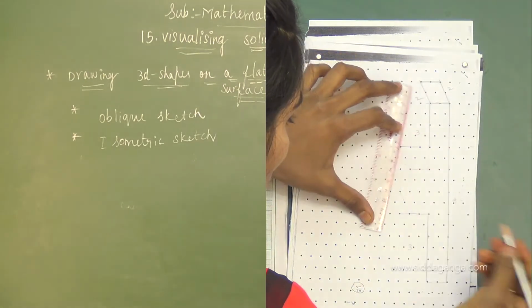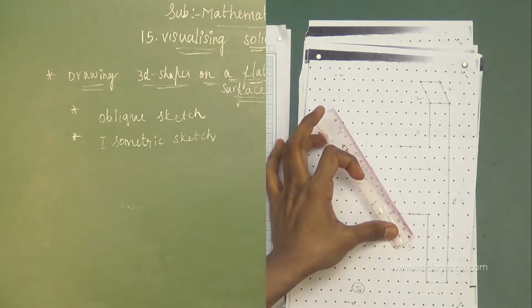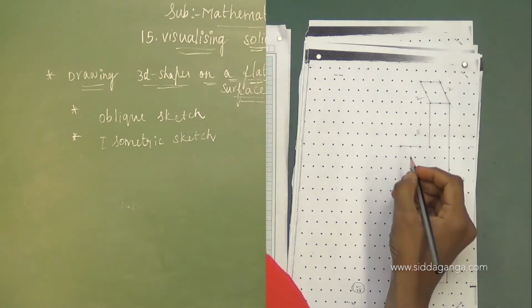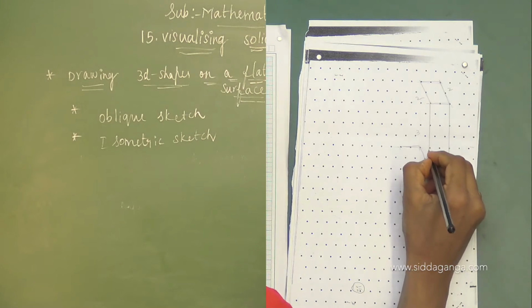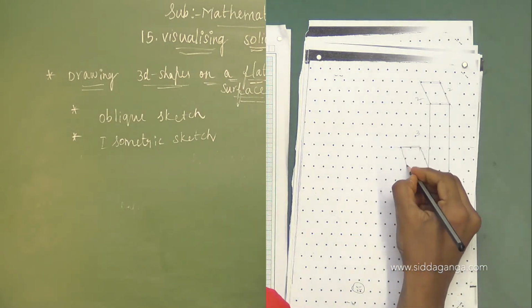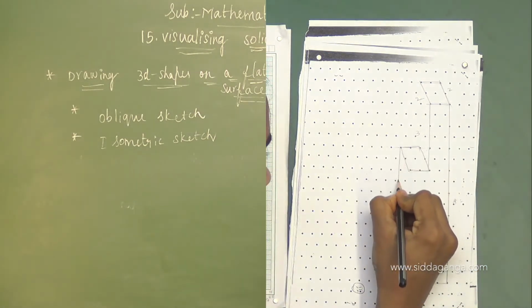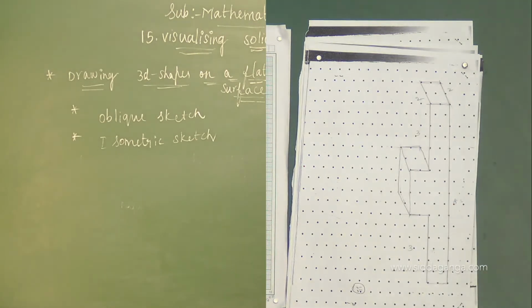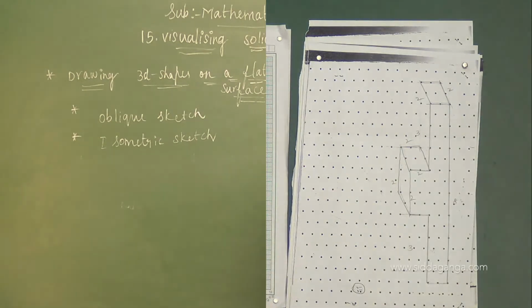And here one cube you have to place upon these. Here 2. You have to use scale. 2, 2, 2, 2. Here 3.